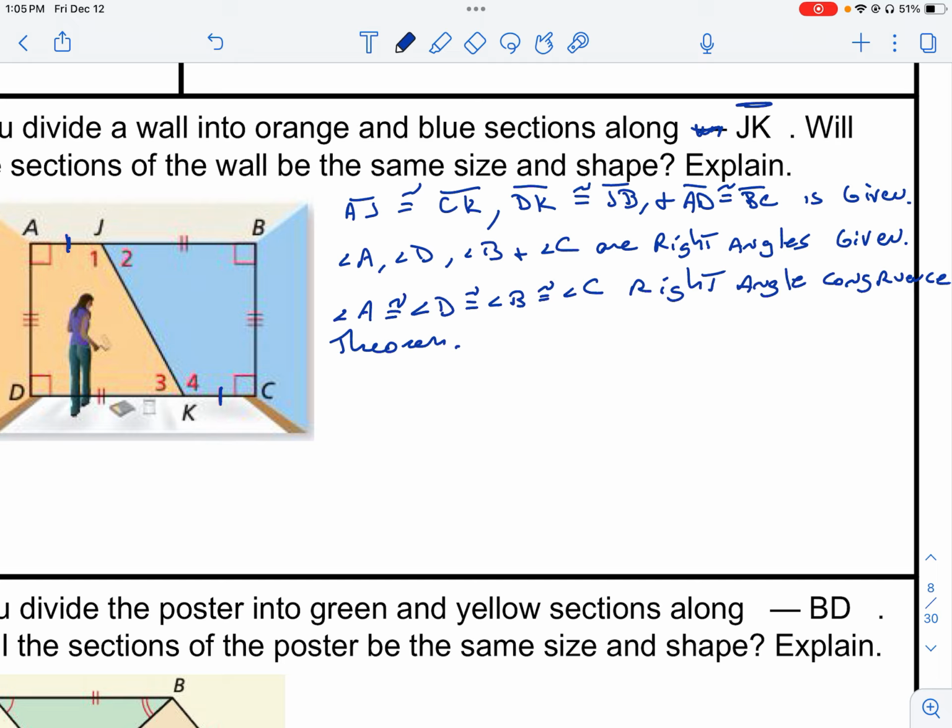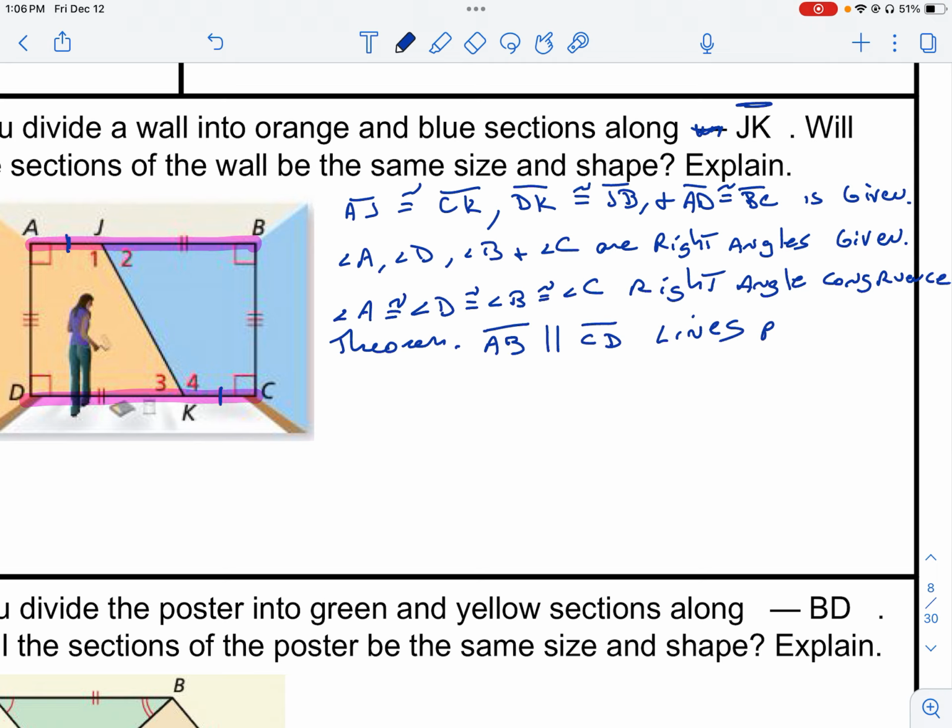Well, how can we get there? Well, I'm noticing that side AB is parallel to side CD. How do I know that?